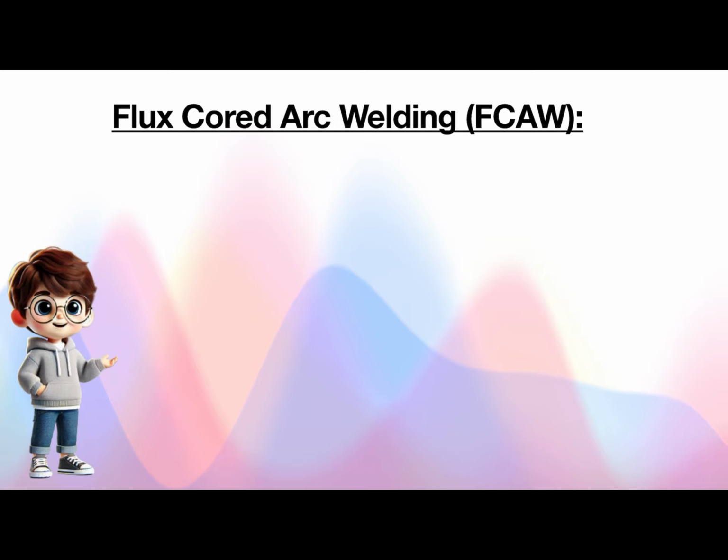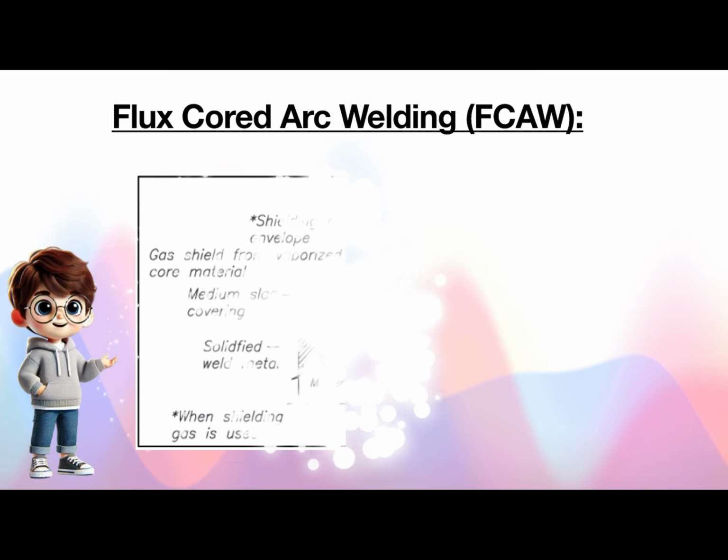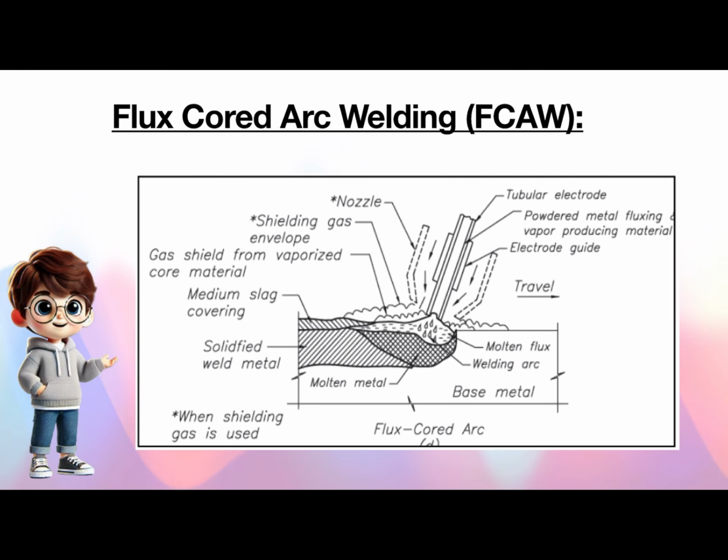Flux cored arc welding. In this flux cored arc welding, the electrode is a hollow tubular wire. In that hollow tubular wire, at the center, there will be flux. That hollow portion at the center will be completely filled with flux.